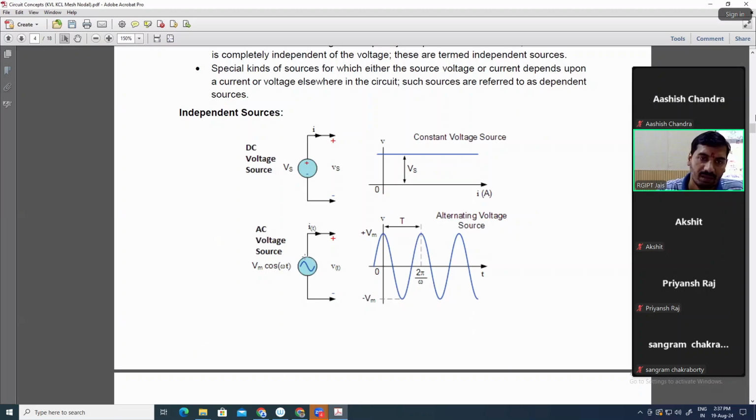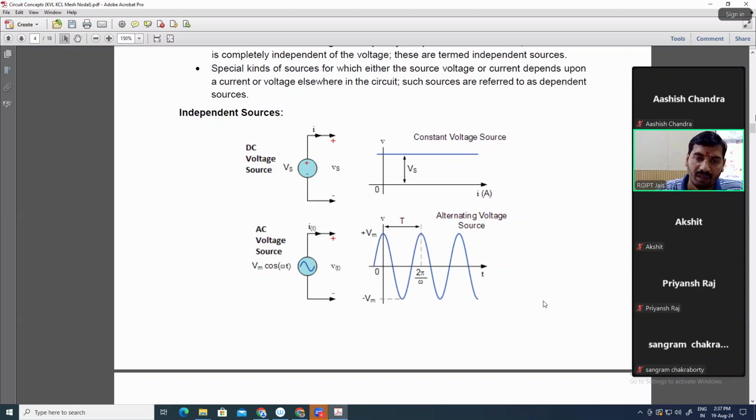Whereas inside the circle, if we make a symbol of a sinusoidal wave shape, that is considered an AC voltage source. And for an AC voltage source, you already know that it is a sinusoidal waveform, so the waveform will look like a sine wave.